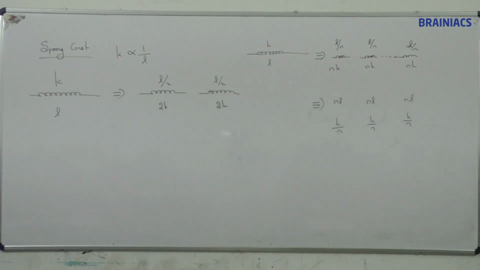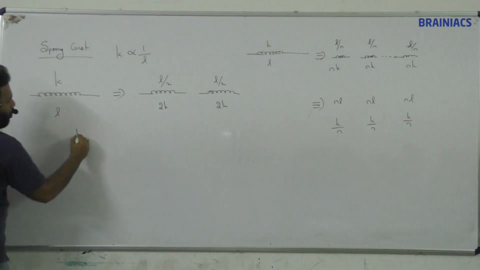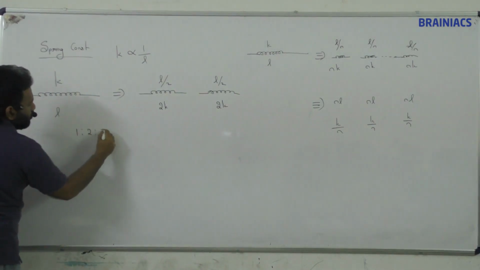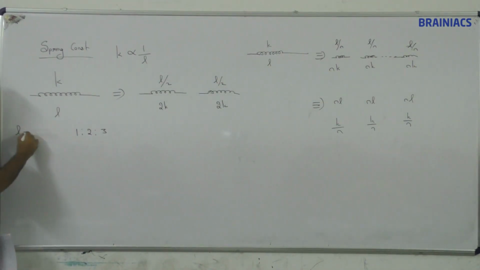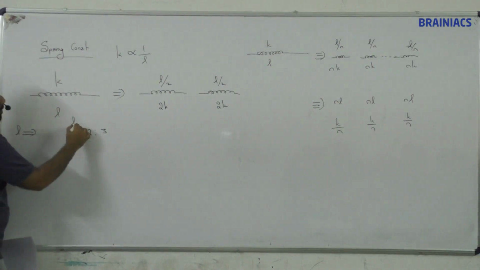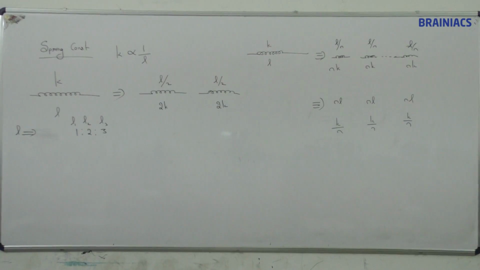If we get a ratio 1:2:3, what we should do? We should take the length and divide it in the ratio 1:2:3. The length L is divided into L1, L2, L3 in the ratio 1:2:3.